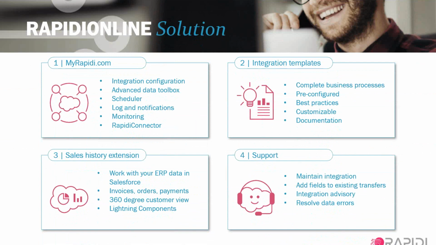But because we have our pre-configured transfer to bring those individual postings back into Salesforce and connect them to the account, we are now really delivering the full 360-degree picture of what's happening operationally with the account to your Salesforce users.